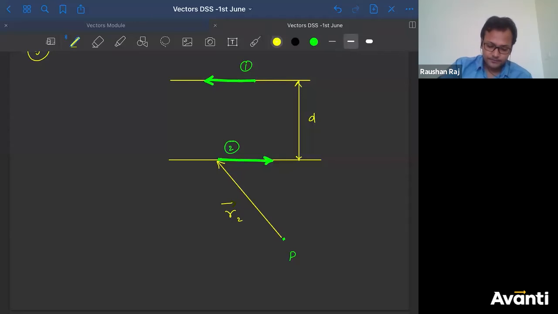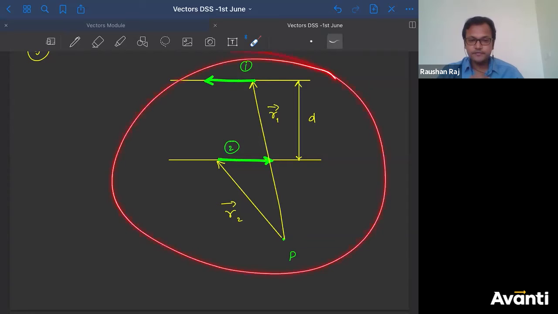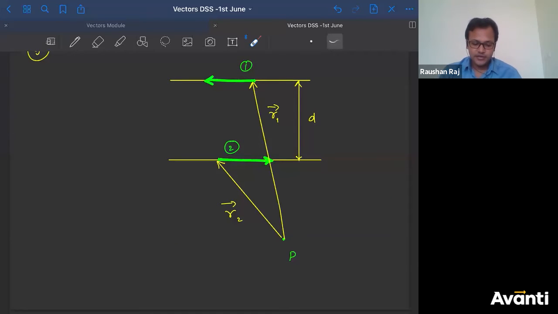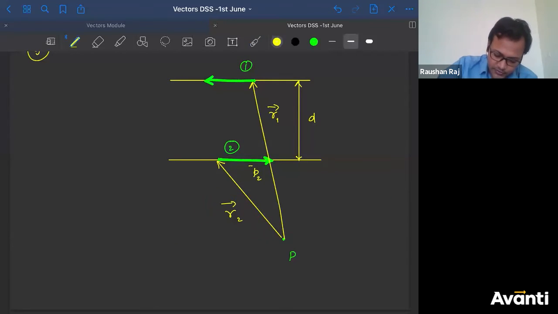What will be r1? So this will be r1 vector. Guys, let me know if you have understood this till this point. R cross p. So r2 cross p, what will it be? This will have p2 like this. This will have p1 like this.